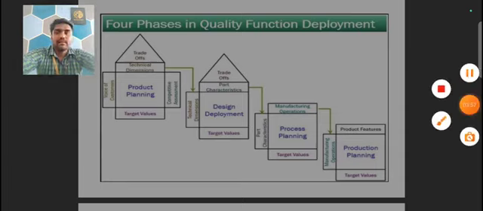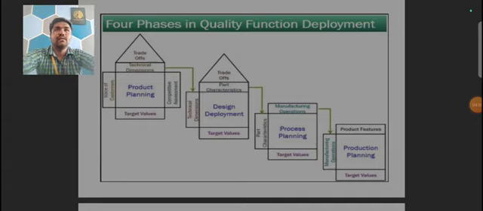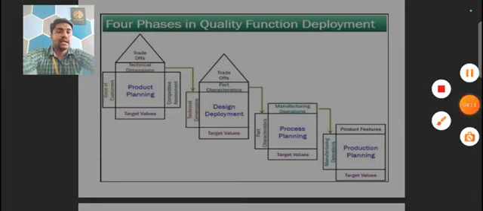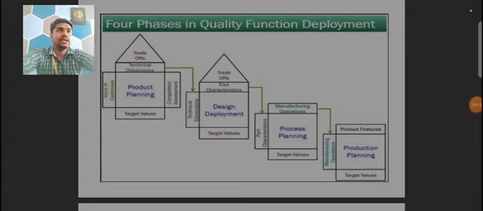If the process planning is not reliable compared to the design of the product, then the design of the production system is a failure. So if we are planning a process, it should be reliable, and attainable by the customer and also the management.